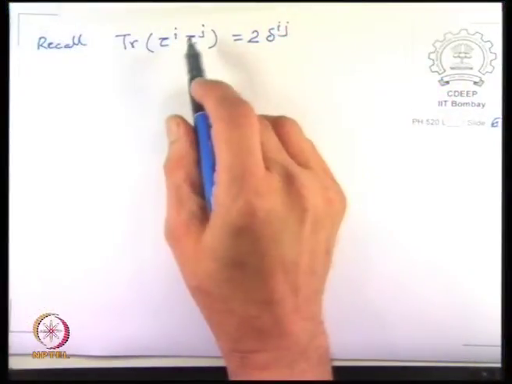They basically give the third Pauli matrix. If you take tau 1 tau 2, it gives tau 3 and so on. If you take trace of that, you will again get 0. So only if the two taus are the same, delta ij, then it becomes the identity matrix.